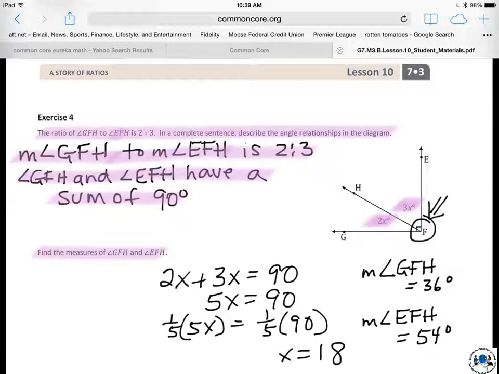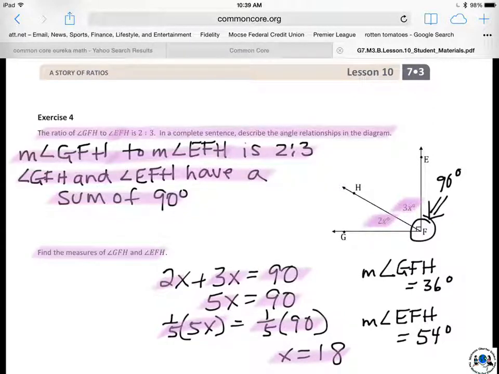And again, very important to know, because that's very often not going to be labeled 90 degrees, but you're just going to have that little square in the corner there. So I know that, therefore, I can just go 2x plus 3x equals 90. 5x equals 90. Multiply by the multiplicative inverse of 5 to isolate the x, and I end up finally with x equals 18.